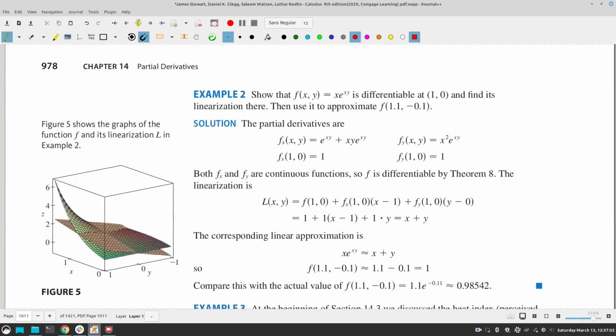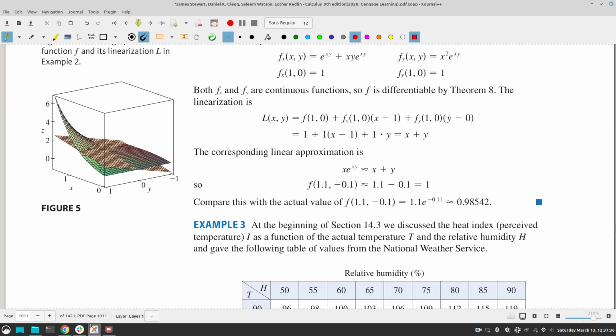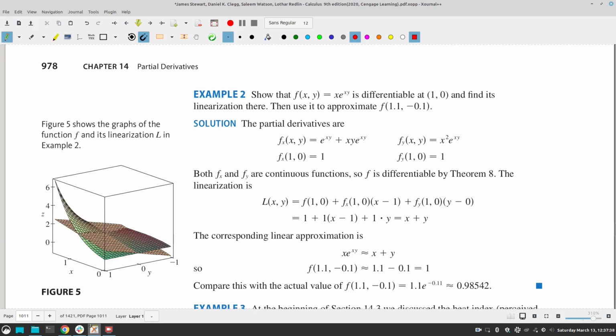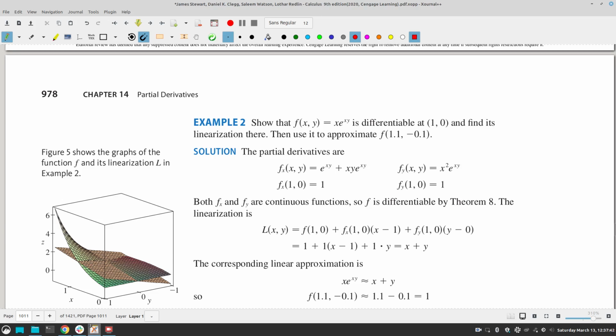So let's say we're dealing with this function f(x,y) equals x e to the xy. And this is differentiable at (1, 0). How do we show this?